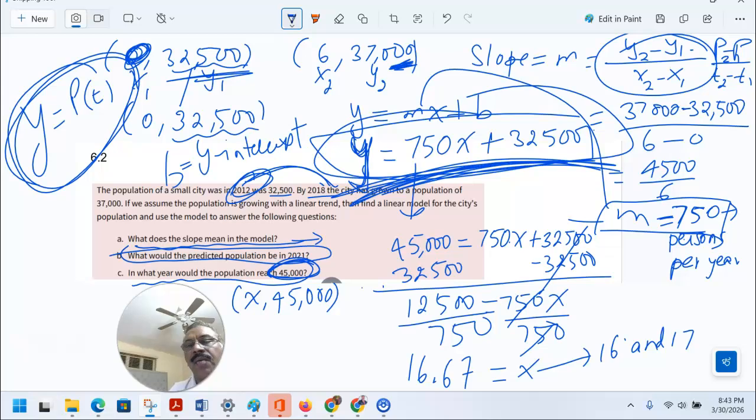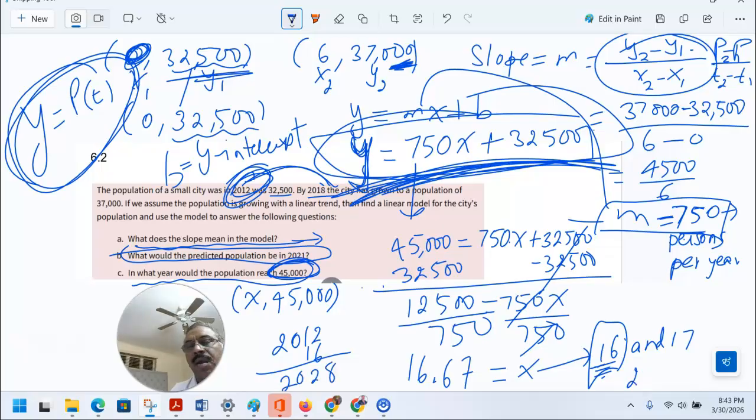That means I'm going to use 16, because after 16 years, this 16 has to be added to 2012. So 2012, you add 16, you get 2028.